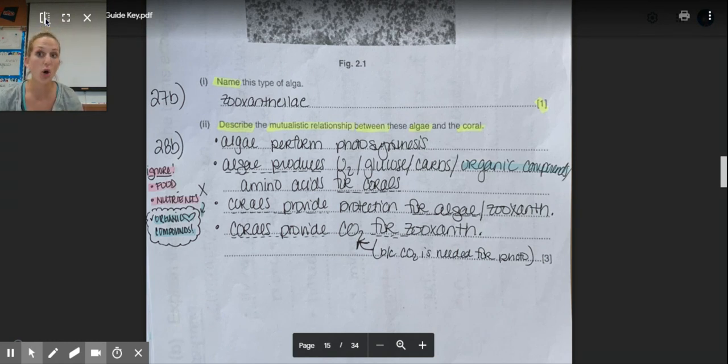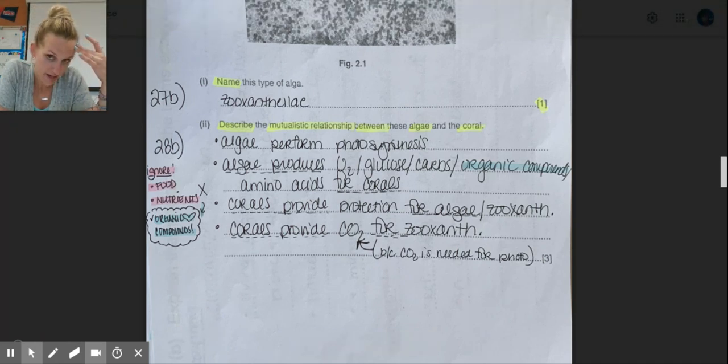It's not CO3 when they take it in, it's CO2, but they do need to have carbon dioxide in order to do photosynthesis. So having an organism that's literally a carbon-based organism, which is redundant because everything that's alive is a carbon-based organism. But having an organism that has a shell that's like calcium carbonate will help the algae get the reactants that they need to do photosynthesis. All right, that is 28.